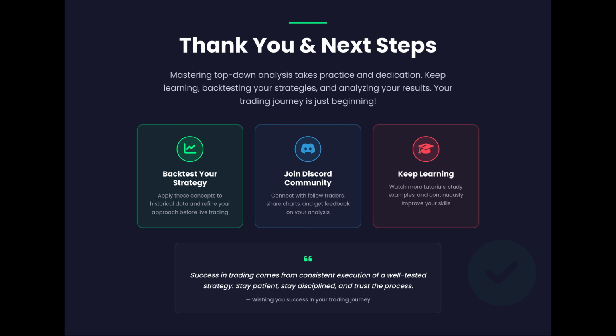And finally, remember, trading success is not about being right on every trade. It's about having a systematic approach, managing risk properly, and being consistently profitable over time. Focus on the process, not individual results. Trust your system, follow your rules, and the results will take care of themselves.